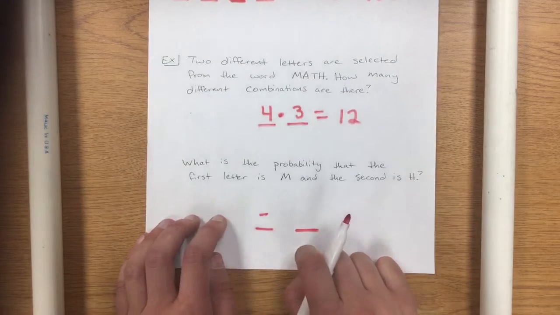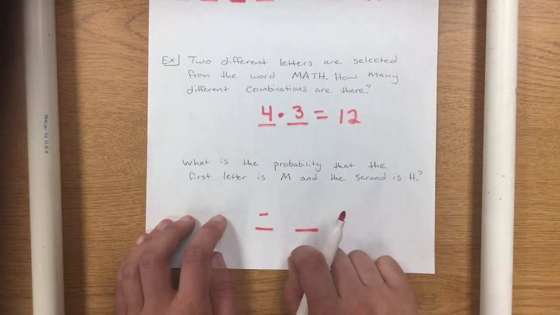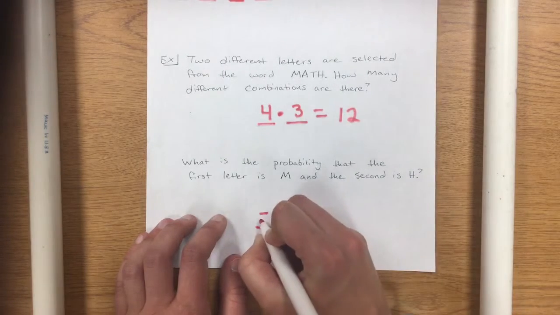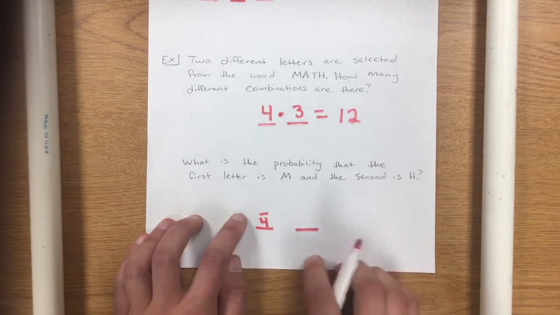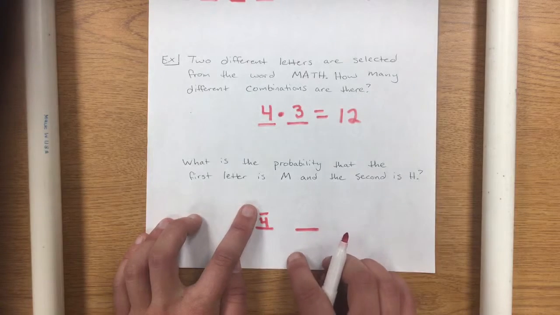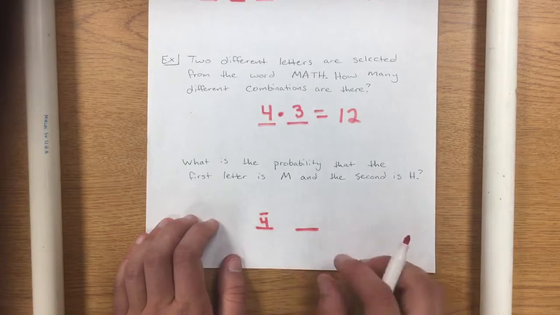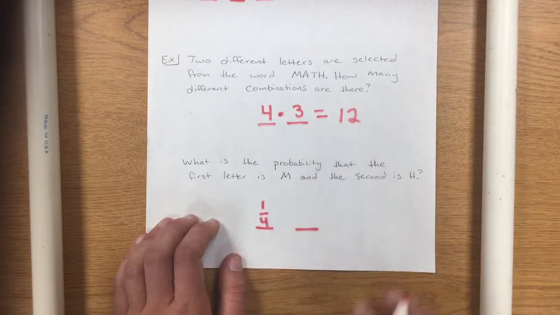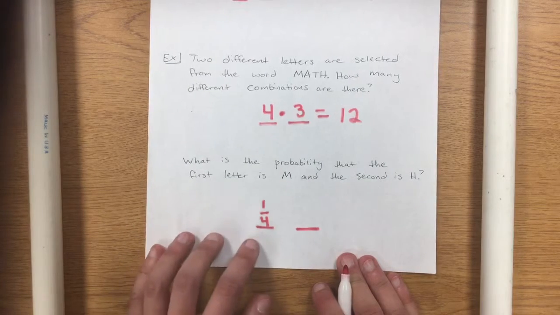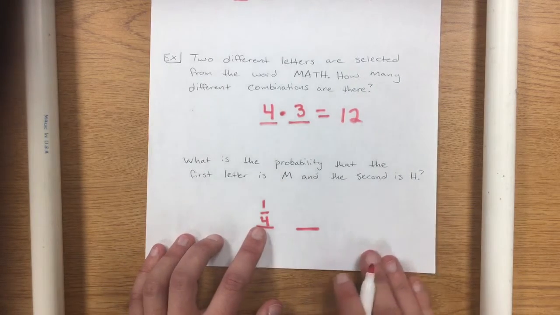Our total. So what is our total number of letters? 4. Math has 4 letters. And of math, how many of those letters are M? 1. So our probability that the first letter is M is 1/4.